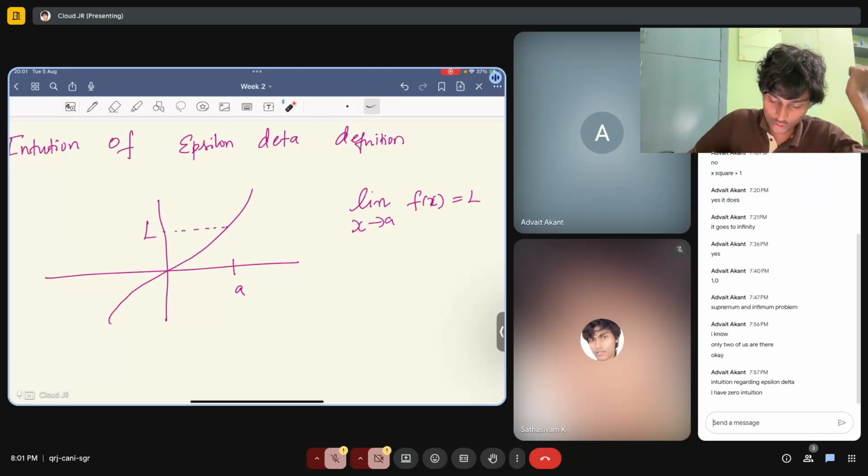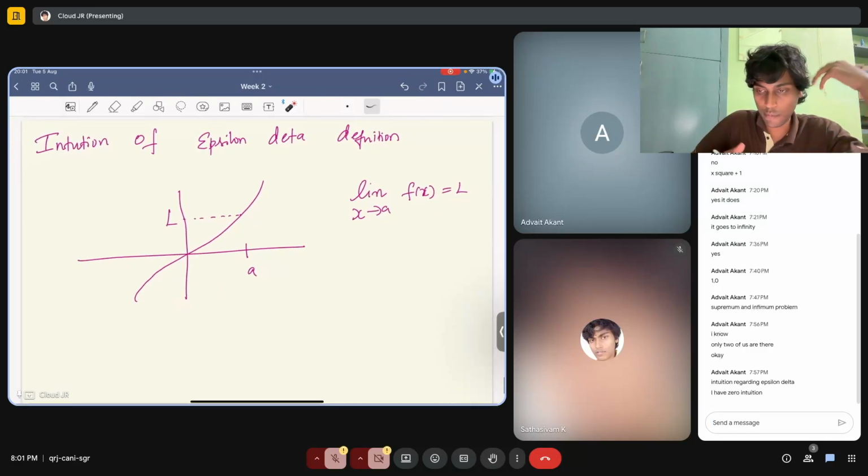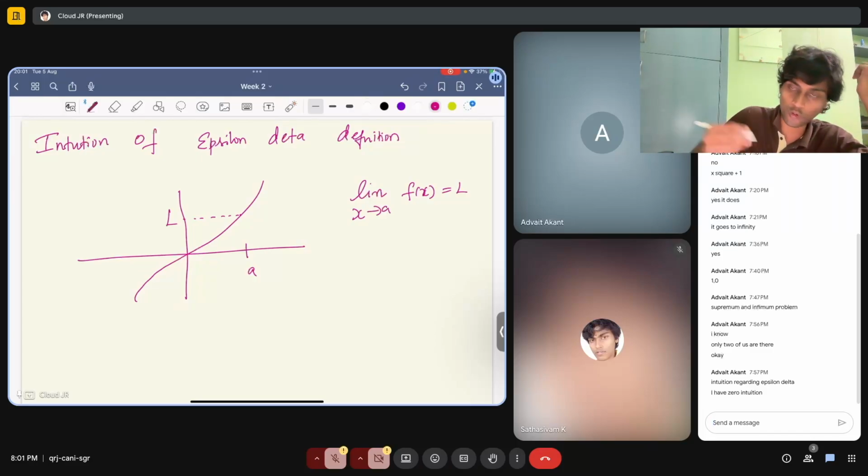Now one asks a question: if you're telling me f of x goes close and closer to L, how close does it go to L? Can it go arbitrarily close, or only somewhat close? You are asking me how close, and I am telling you however close you want.